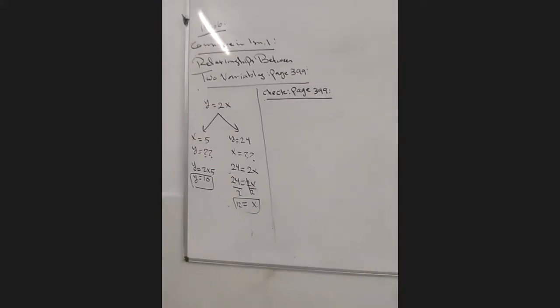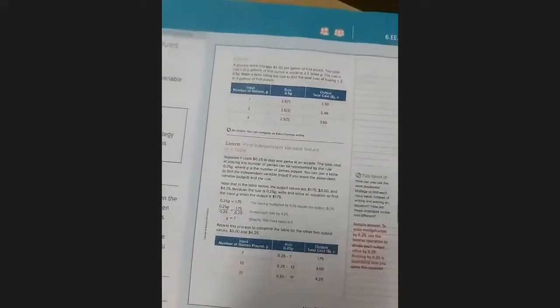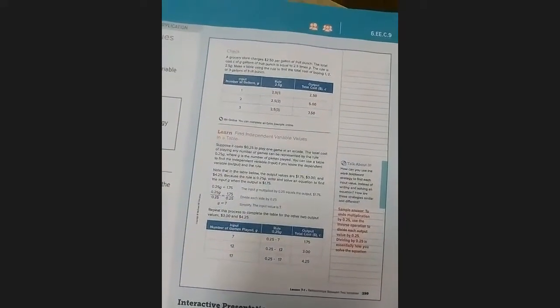All of you go to page 399, to this check, and let's do it here. A grocery store charges $2.50 per gallon of fruit punch. The total cost C of G gallons of fruit punch is equal to 2.50 times G. Read from 'the total' until G, slowly.